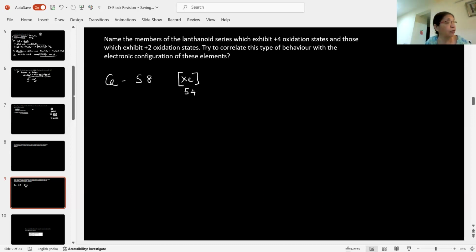So how will you fill it? It will be 4f, then 5d, and then 6s. The 6s fills first, so 2 will come here. So 54 plus 2, 56. Then 1 will come here and 1 will come here. This is cerium, right?